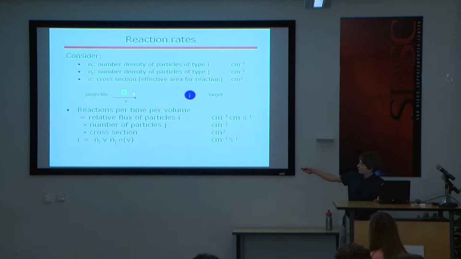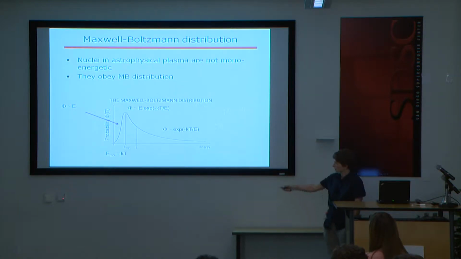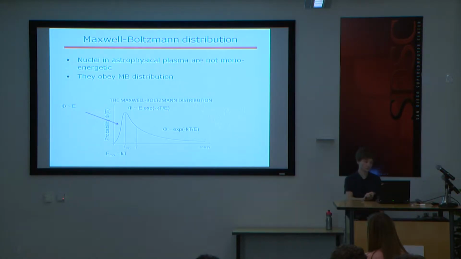In the star, both your particles I and J are moving, with the Maxwell-Boltzmann velocity distribution. Just as a quick reminder, here's the Maxwell-Boltzmann distribution: probability as a function of energy. You have a steep rise that's roughly proportional to the energy, and then you have this long tail to high energies. It turns out for astrophysics this long tail is very relevant, so we'll come back to this.